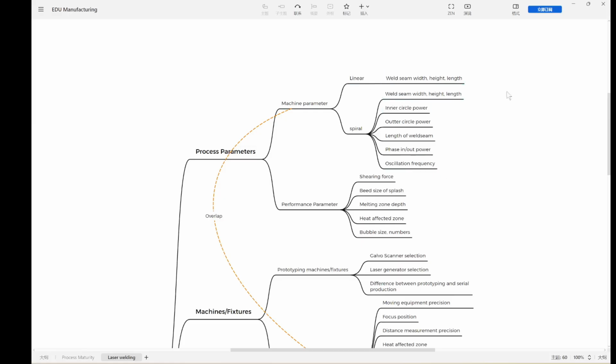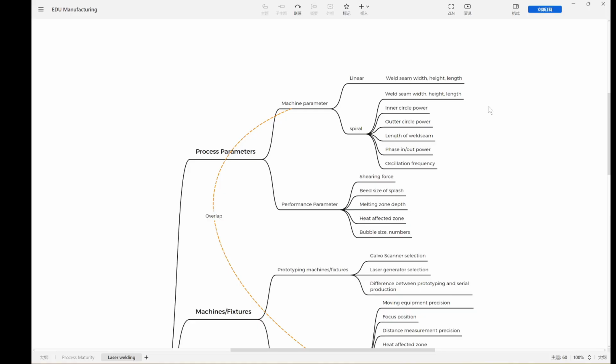Basically, if you clarify all these criteria, then you can say to yourself, okay, the machine parameters, basically I have all of them. The machine parameters will be iterated several times. You can perform the welding at the supplier's prototyping machines. Then you buy one machine yourself and perform again, and the parameters will be changed.